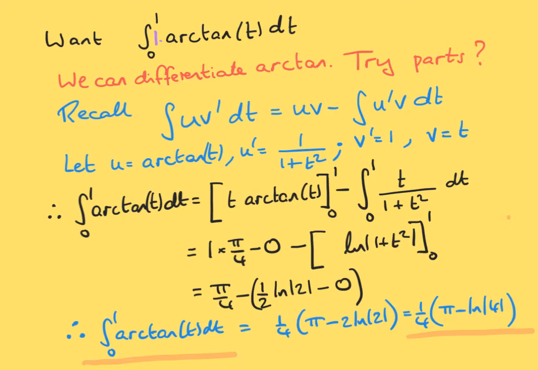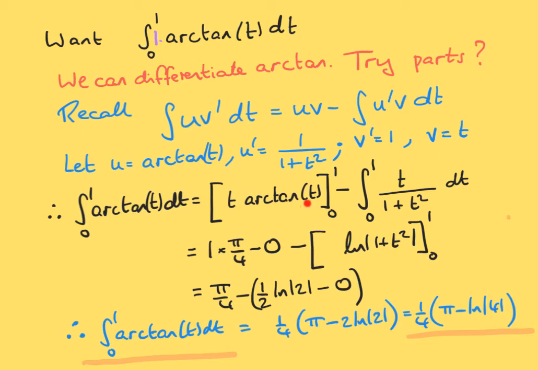And then we subtract the integral from 0 to 1 of u prime times v. U prime is 1 over 1 plus t squared, and that's going to be multiplied by t. And if I take this and I multiply it by t, I can just put the t on the top. And that's integrated with respect to t. So now we evaluate this at the upper limit, 1 times the arctan of 1.